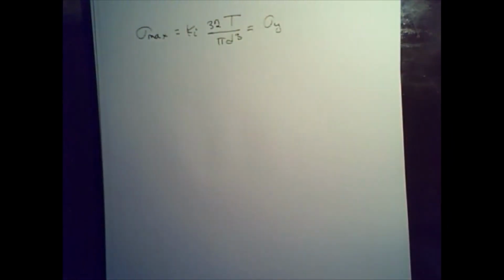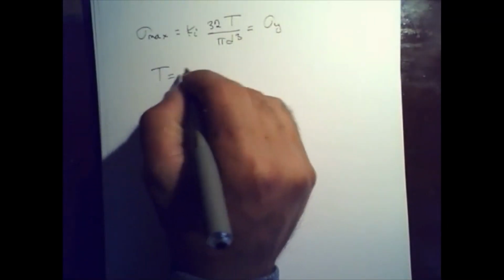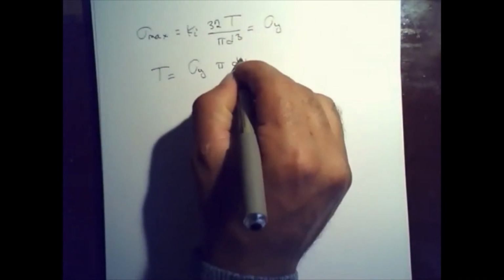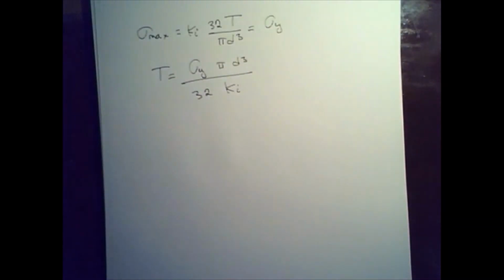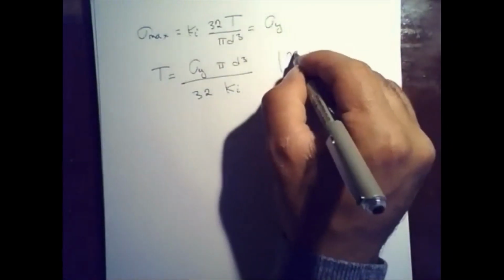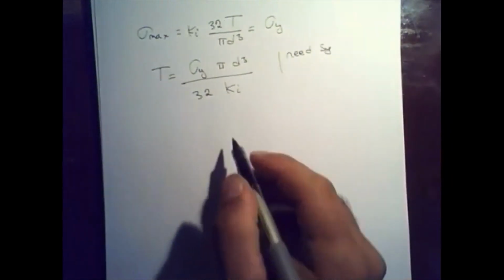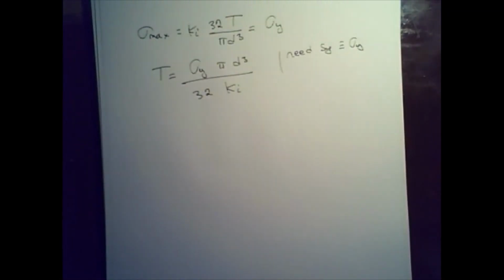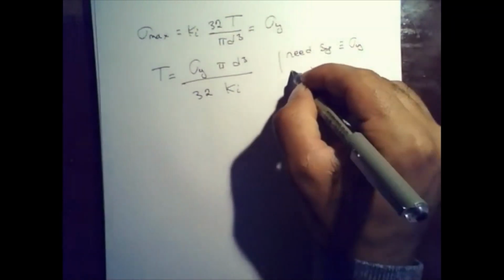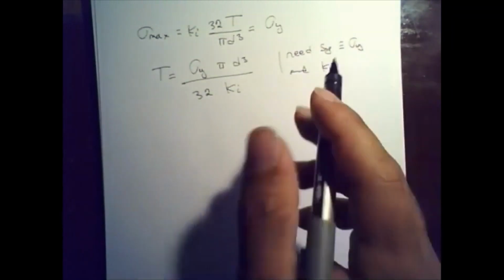So the torque is equal to sigma y pi d cubed divided by 32 Ki. All right, so we need Sy, which is sigma y in this case, and we also need to calculate Ki. So how do I find Sy?